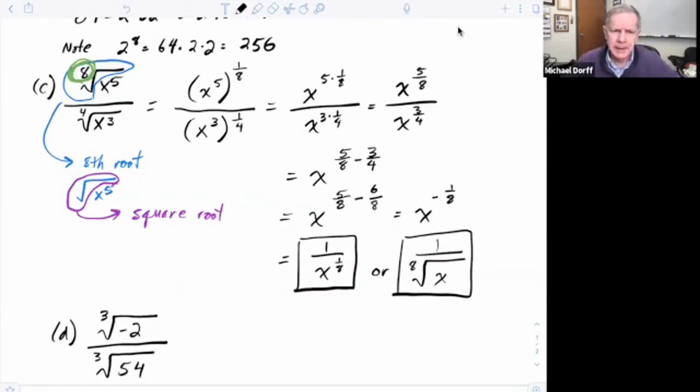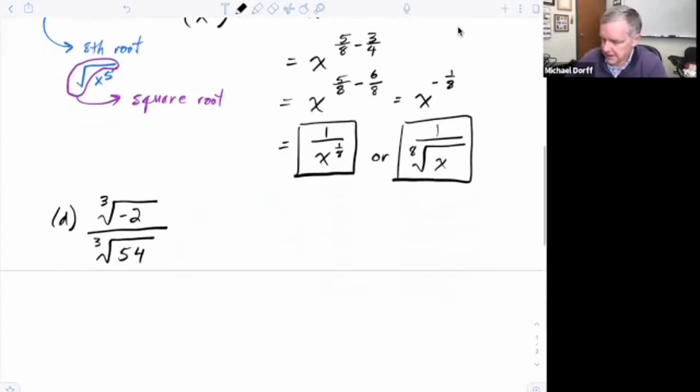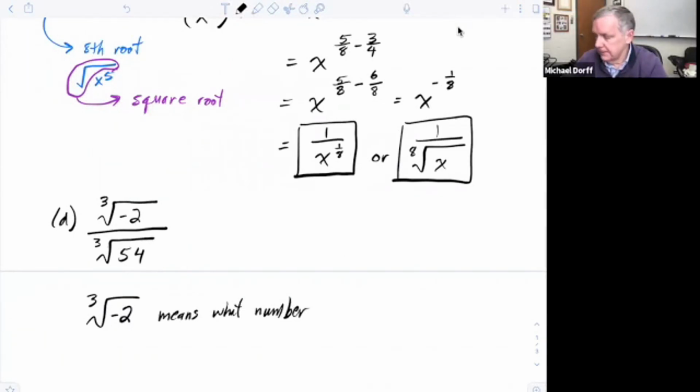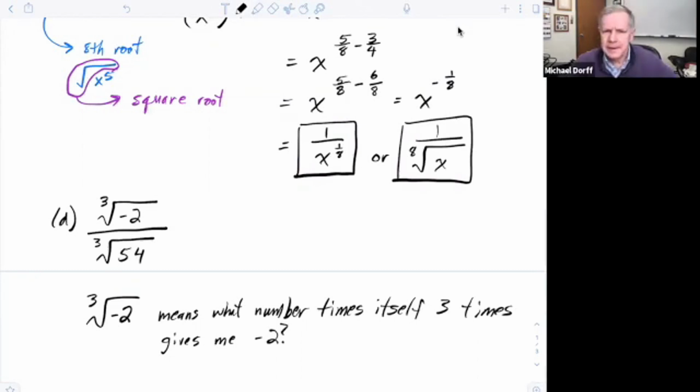So that's okay, because when I have the cube root of negative 2, that means what number times itself 3 times gives me negative 2. I don't know what that number is, but I do know that there is a number that works, because it would be a negative number. If I did negative, whatever the number is, its negative times itself 3 times would still give me a negative number. So I'm okay with having a negative 2 there.